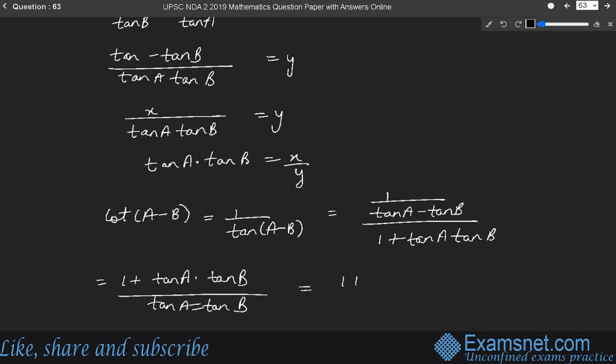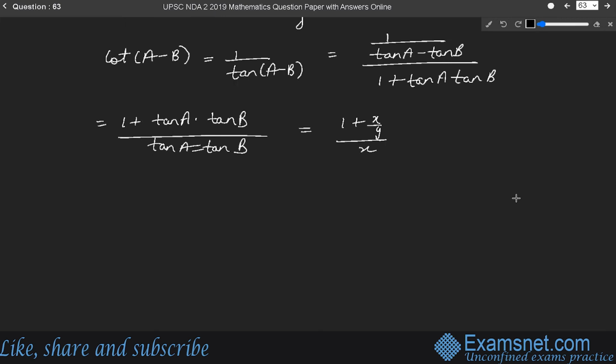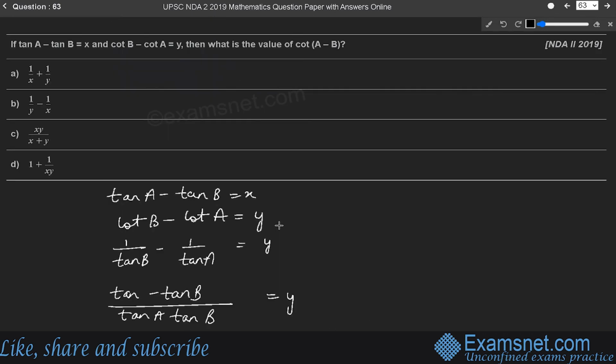So this will be equal to (1 plus x upon y) divided by x. On further solving this, (y plus x) upon xy, which is equal to y upon xy plus x upon xy. So it implies 1 upon x plus 1 upon y. Hence the value of cot(A minus B) is 1 upon x plus 1 upon y. Therefore, the correct option for this question is option A here.